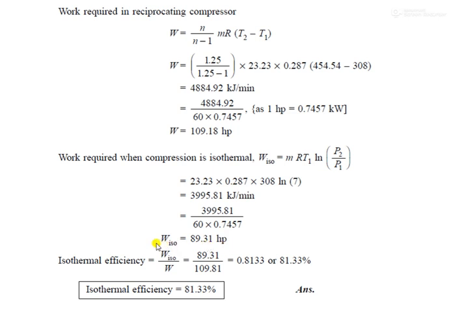This much horsepower will be required if the work had been done with an isothermal process, and this much is the work required if it is done with the polytropic process actually. So the isothermal efficiency is work done by isothermal divided by work done in the polytropic process. Dividing these two, we get the isothermal efficiency, 81.3%.